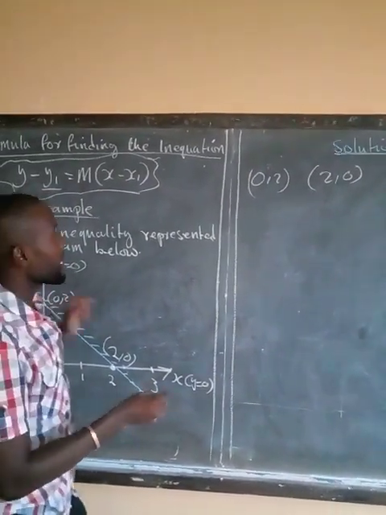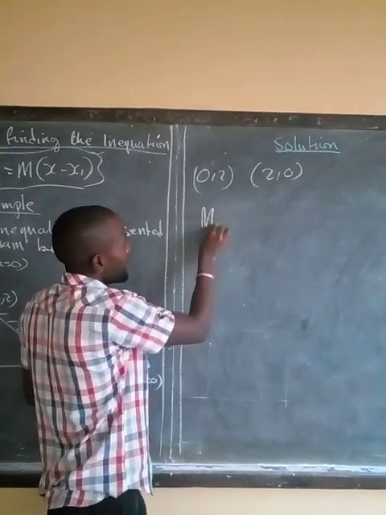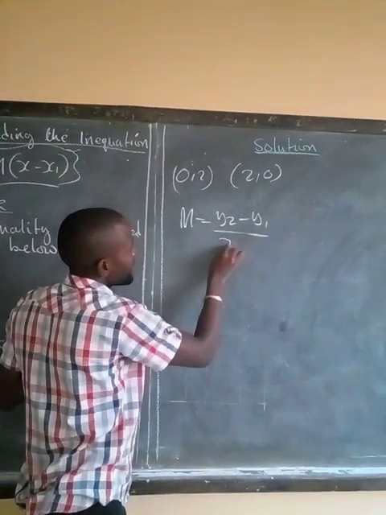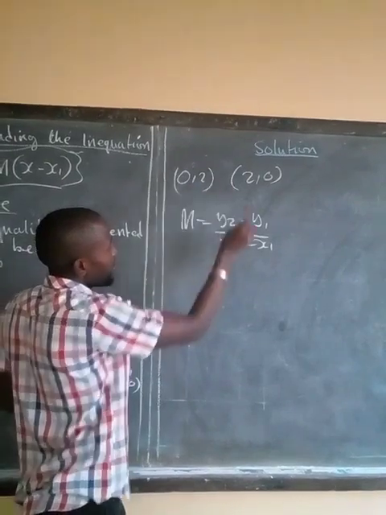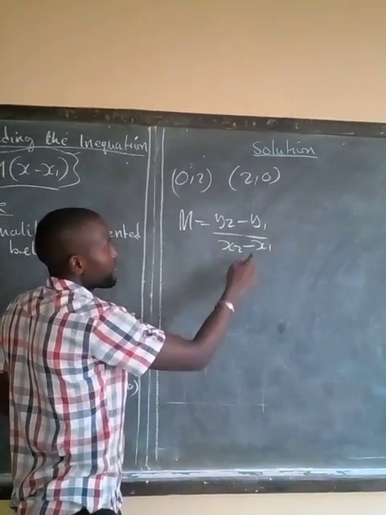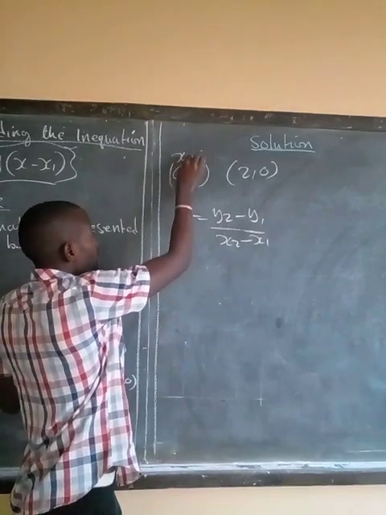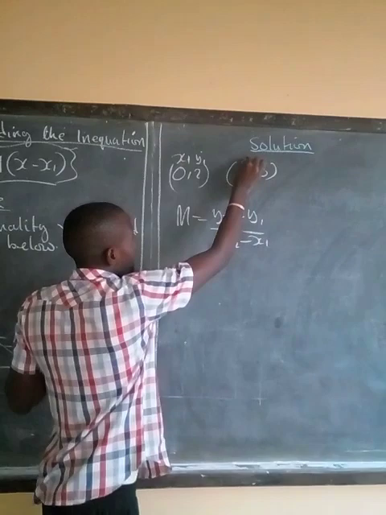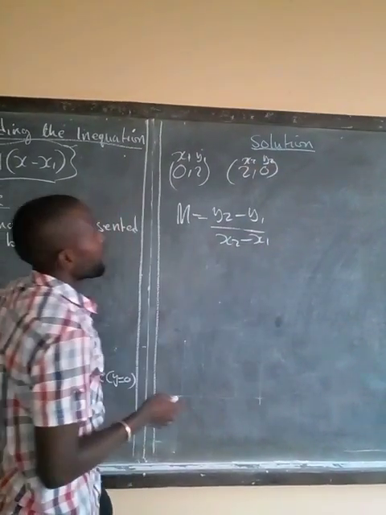And on the formula for gradient, we know that it has got y2 minus y1 and x2 minus x1. So we need to name these according to these letters. So for example, my x here will be x1, and my y here will be y1. Therefore here, my x will be x2, and there it will be y2.